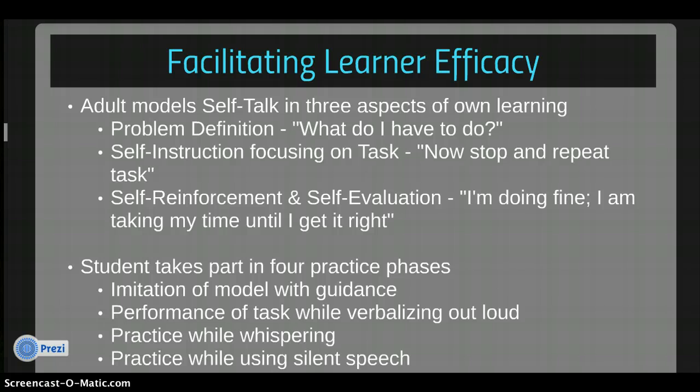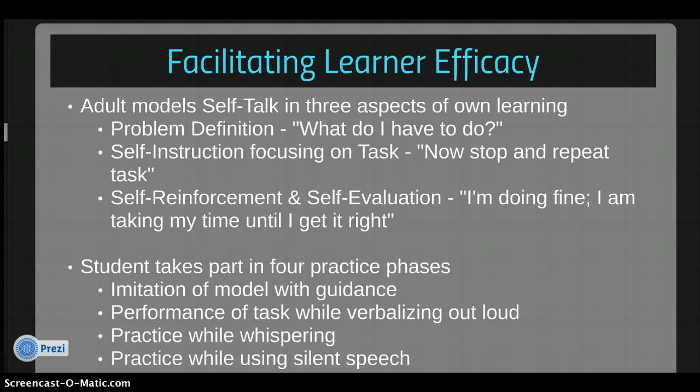The first of these is defining the problem. Essentially, what do I have to do? The second is self-instructions that focus on the task. For example, now stop and repeat the instructions. Finally, the third aspect is self-reinforcement and self-evaluation. For example, I'm doing fine. I will continue to work until I get it right.